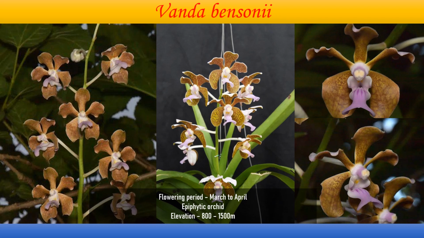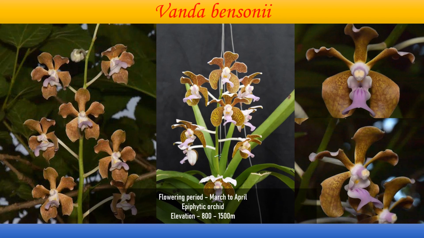and the inflorescence are fragrant, and it is sometimes small to medium size, and it is a monopodial epiphyte with an erect leafy stem carrying coriaceous alternate leaves that blooms on an axillary. So these are the characteristics of Vanda bensoni.